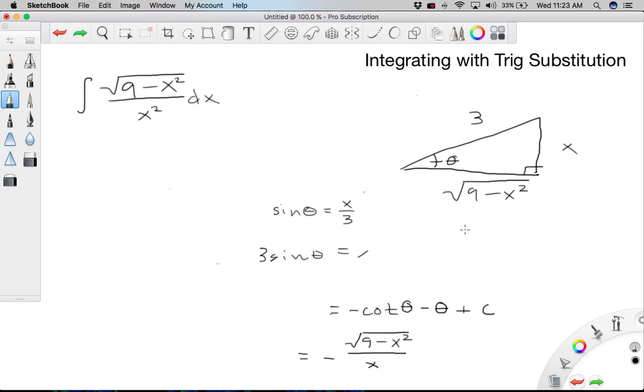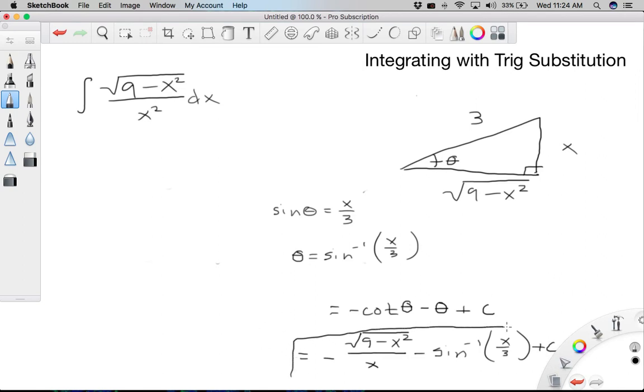Oh, wait, no, I don't know why I said that. Basically, we're just going to inverse sine both sides right now. So that would tell us that theta is equal to the inverse sine of x over 3. And that looks pretty weird, but we're just going to put that right in the answer, right? So instead of minus theta, we're going to say minus the inverse sine of x over 3 plus some constant. Okay, and this is going to be our answer.